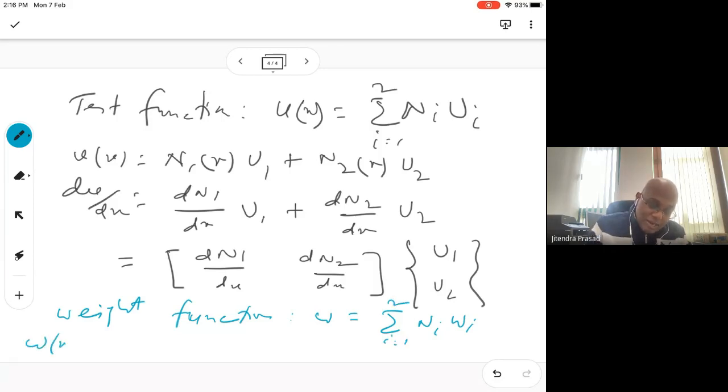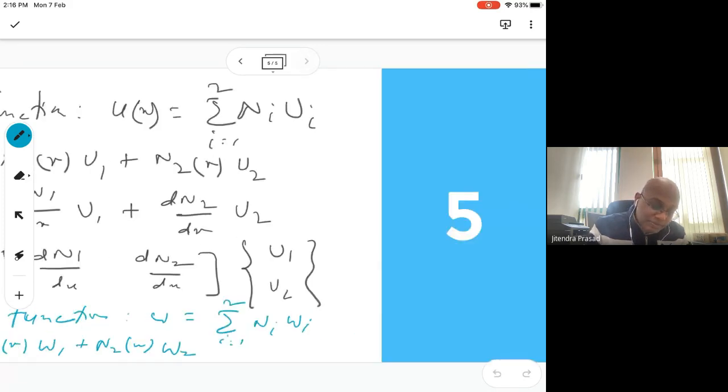So w(x) will be equal to N1(x) w1 plus N2(x) w2.